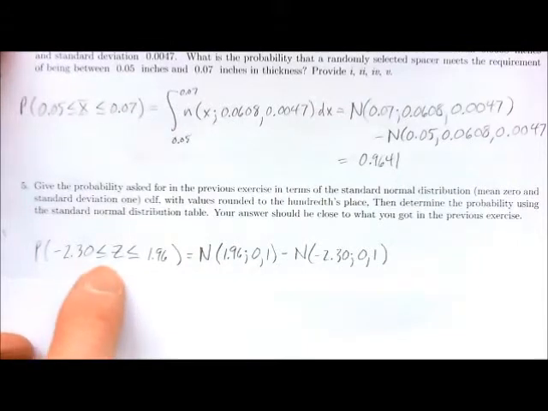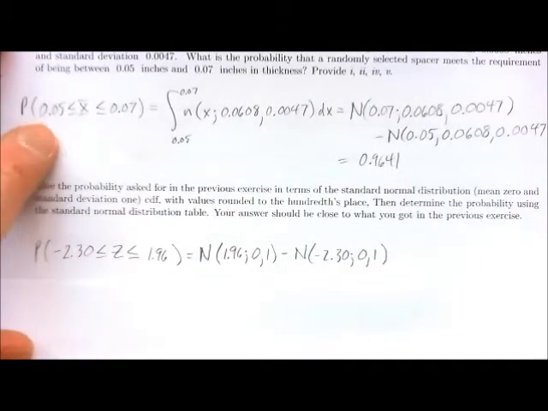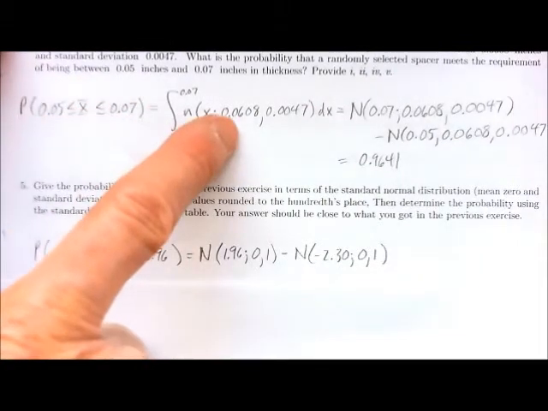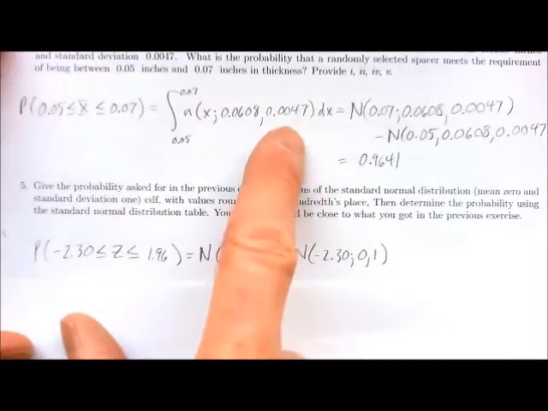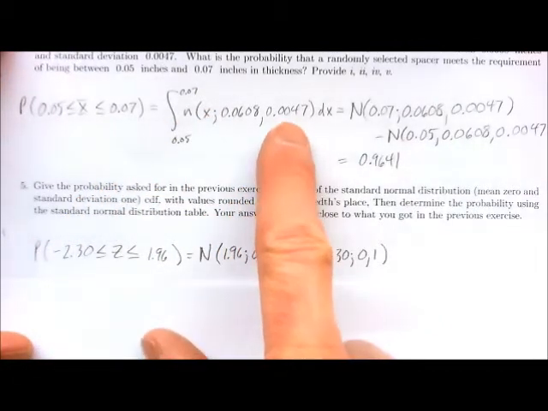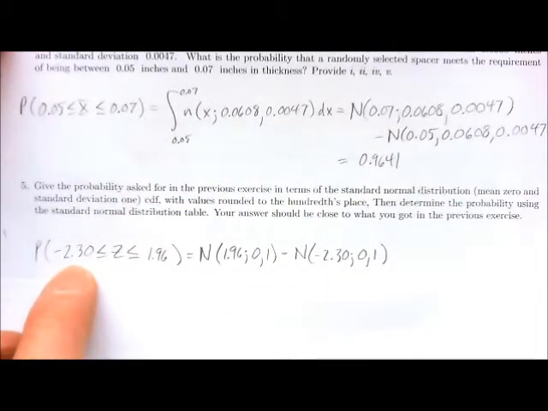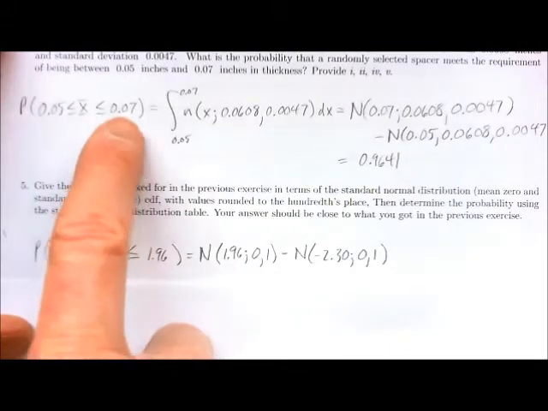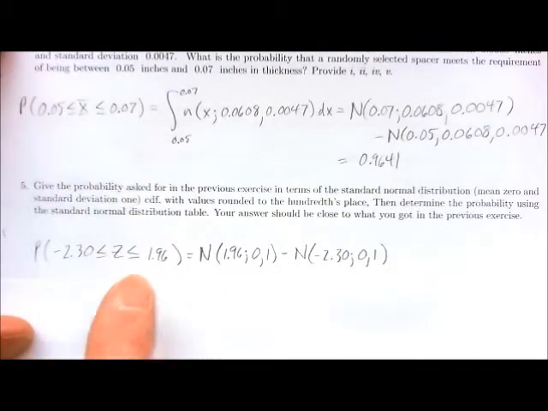Here's where I don't show the calculation, but if we take 0.05 and subtract the mean, 0.0608, divide by the standard deviation, 0.0047, we get negative 2.30. Do the same with 0.07 and we get 1.96. And that random variable that we've converted to is called z rather than x.